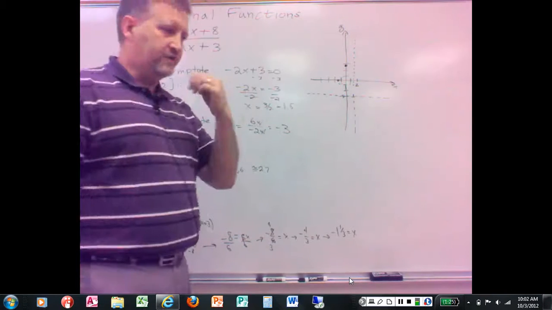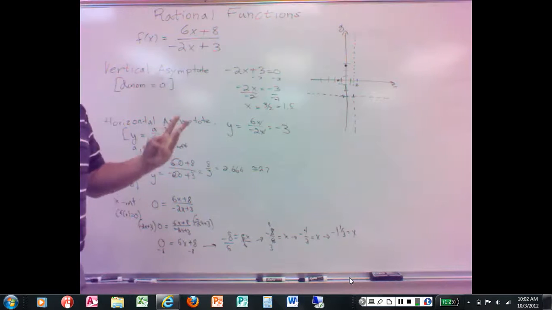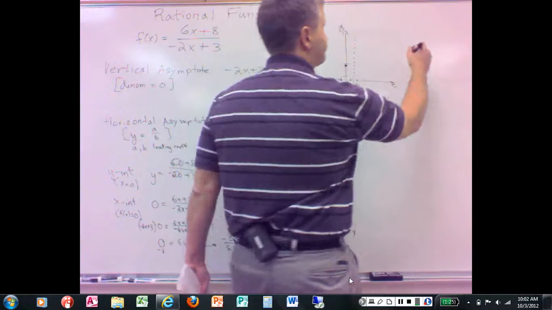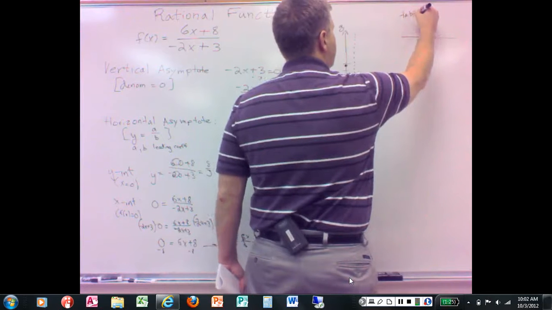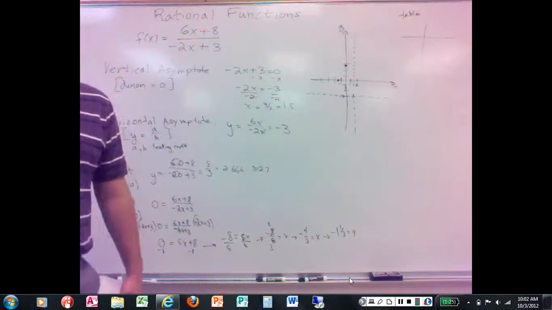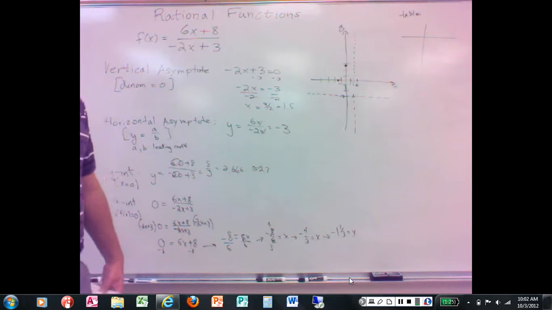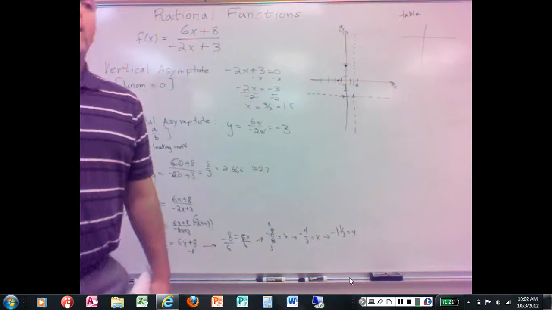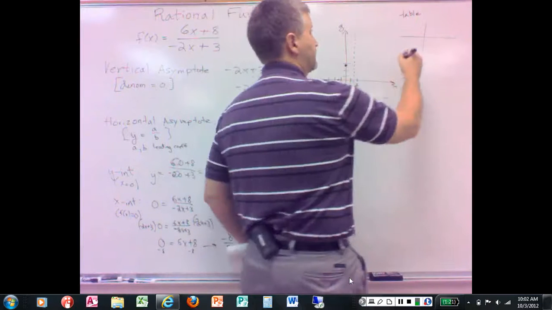What I'd like for us to do also with these rational functions is do a little bit of a table here. On my table, I'm going to choose some x values and find the points for those x values around the vertical asymptote.